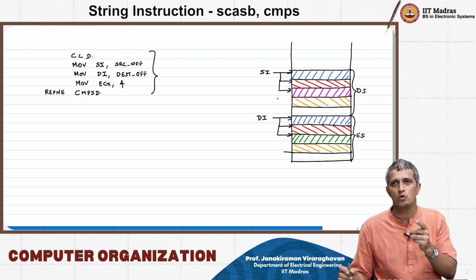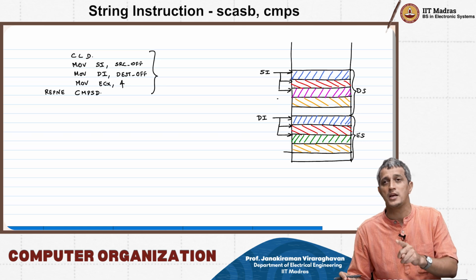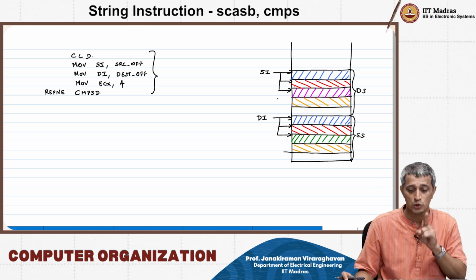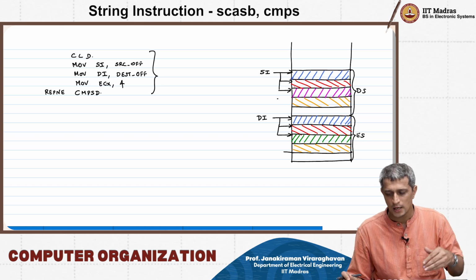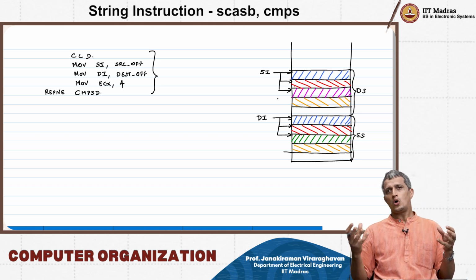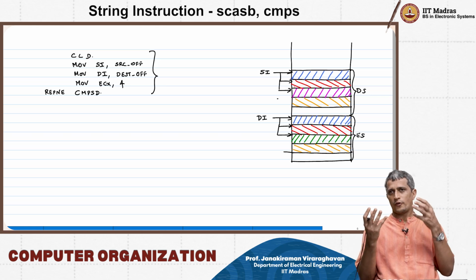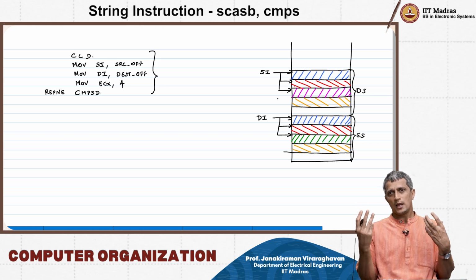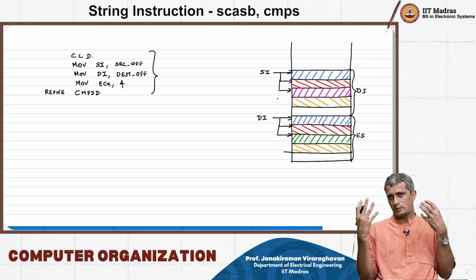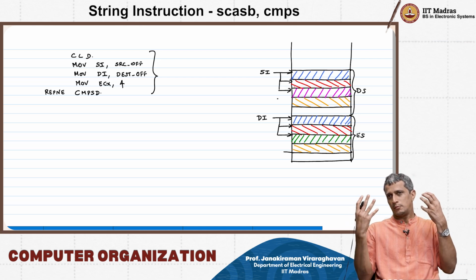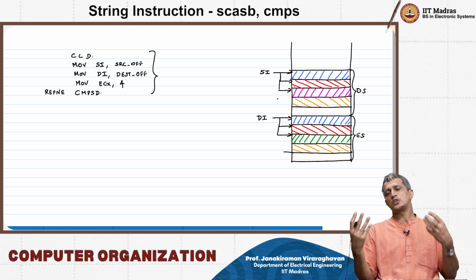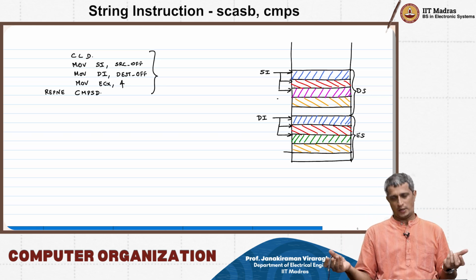And then what are you going to do? You will compare the magenta with green, they are different, and therefore this loop will basically stop and come out, right. So, from the value of SI and DI, you know the exact location of the first occurrence of the memory location where these two arrays are actually different, right?